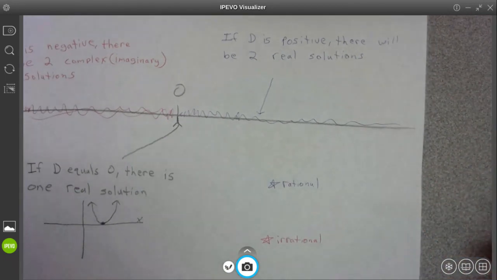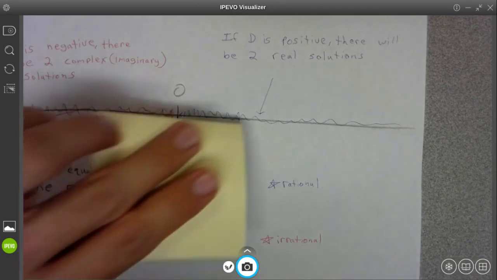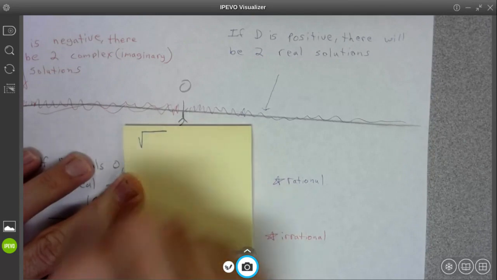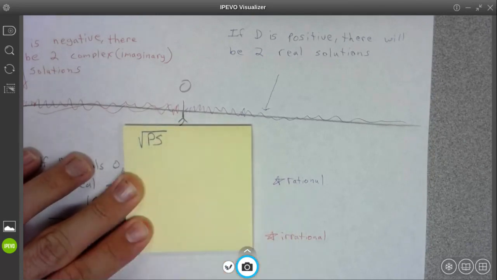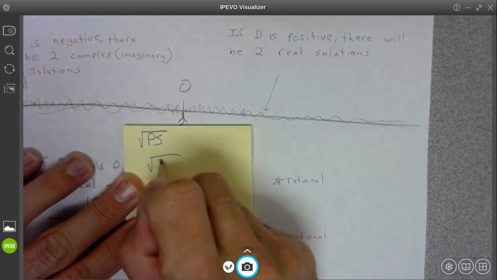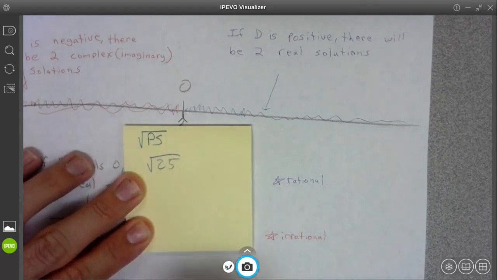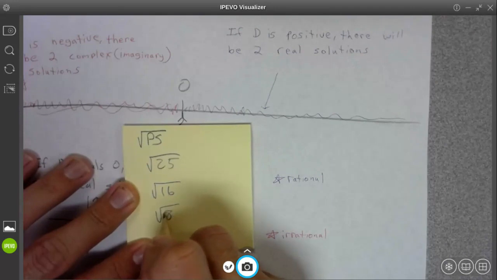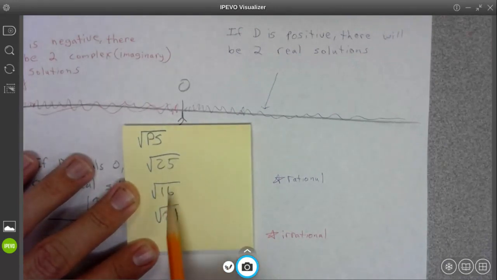So when the discriminant, this part, if it's a perfect square, so like earlier we saw one that was 25. If it was 16 or 81, when you square root a perfect square, you get a whole number. You get a rational whole number.